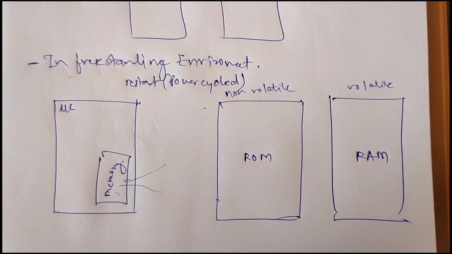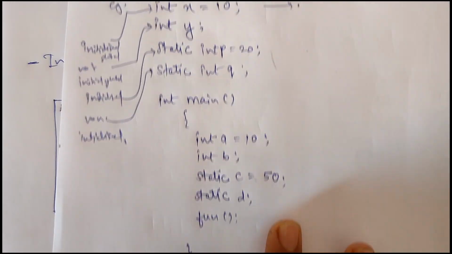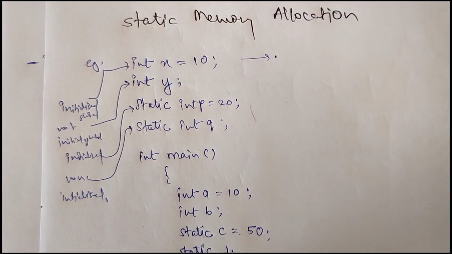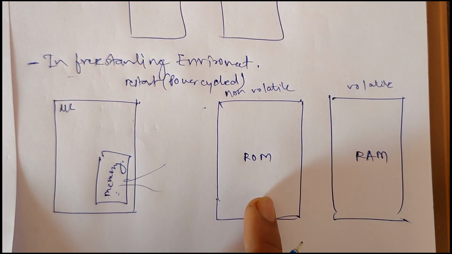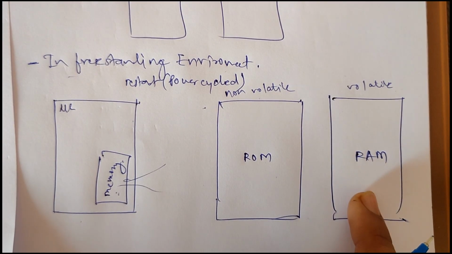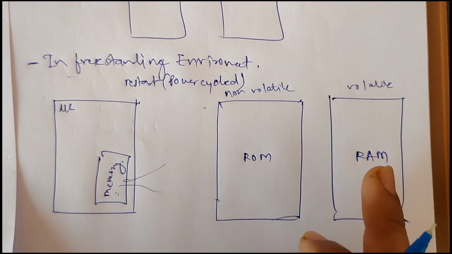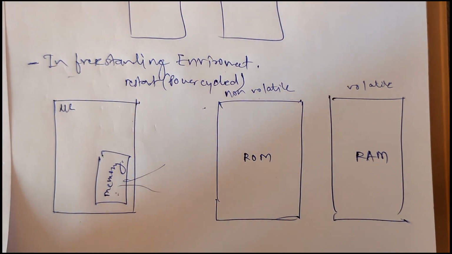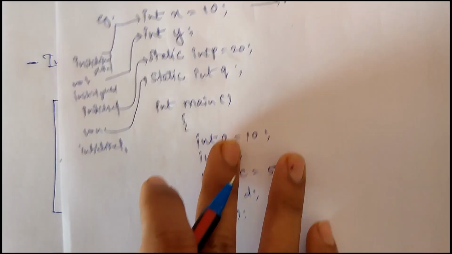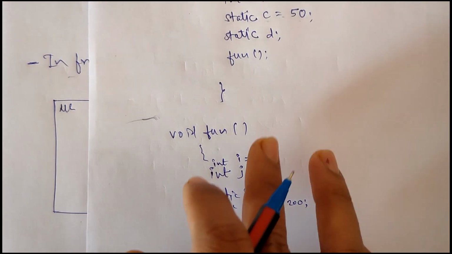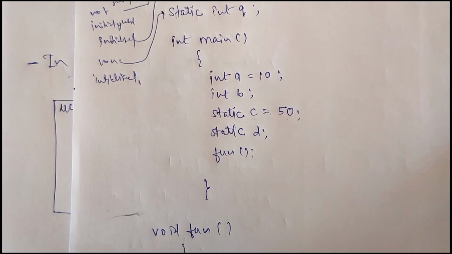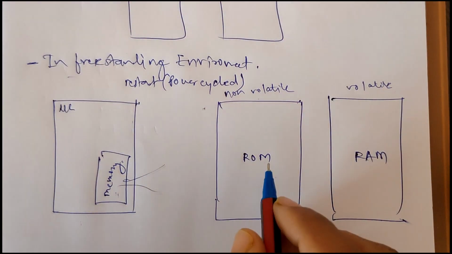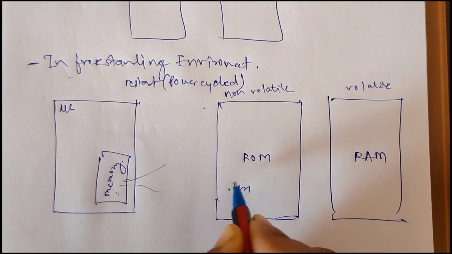So see, for code, here I have code. This whole code should go inside which section, the ROM section or the RAM section? If I put it in the RAM section, which is volatile, it will vanish on power cycle, and I don't want that. So I will put this instruction code, and the basic program is much larger, the main program, which should not vanish, inside here, the dot text section.